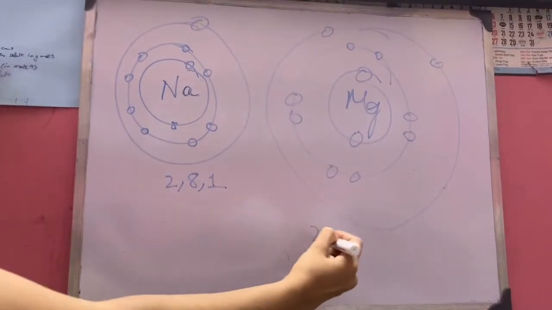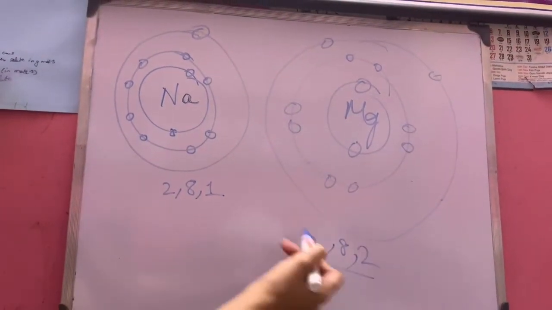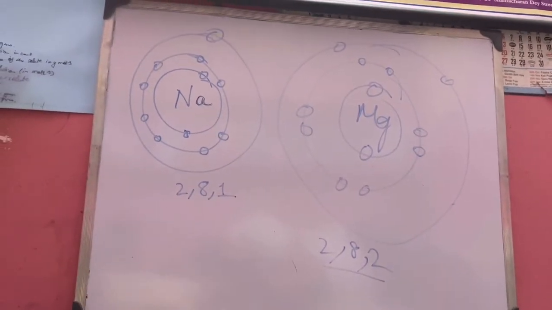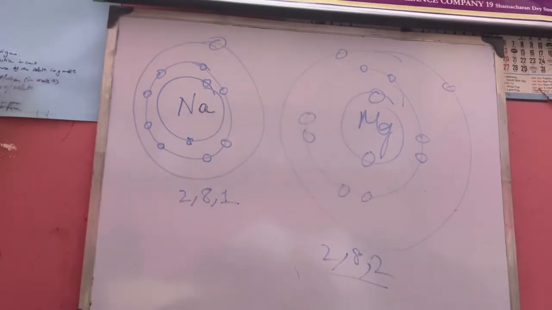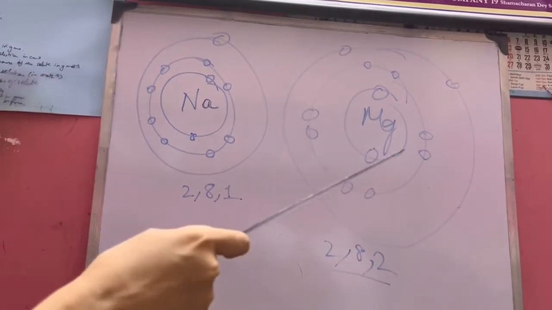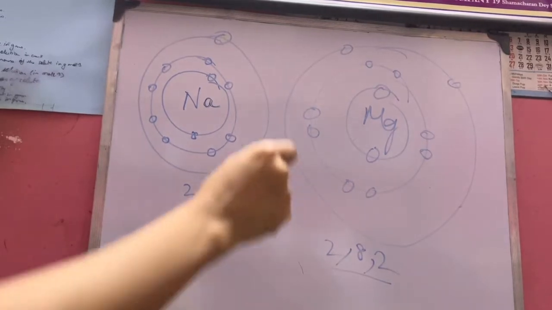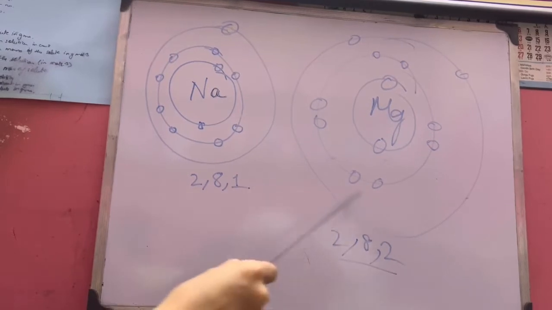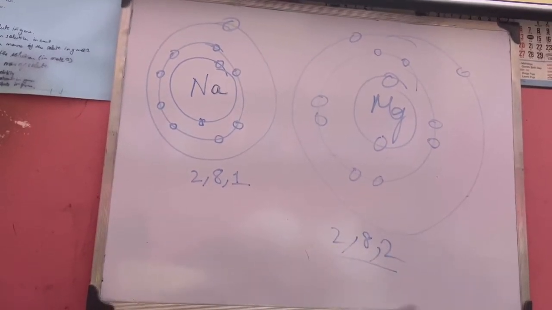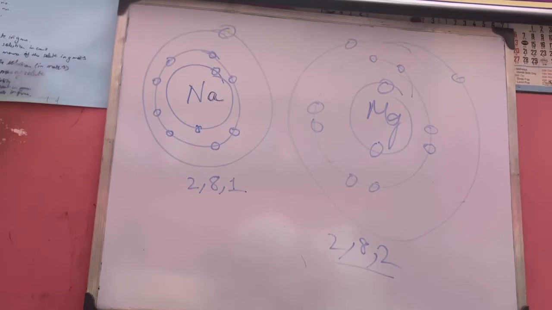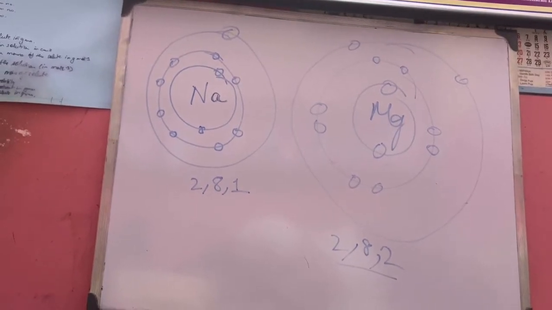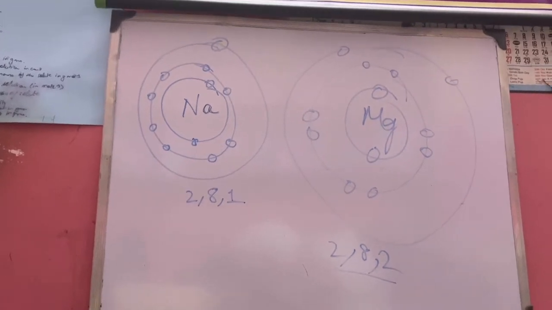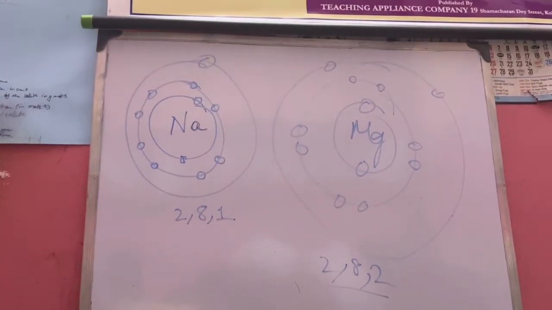Again, it can either accept 6 electrons to complete its octet and be highly stable, or it can lose these 2 electrons and acquire the electronic configuration of 2, 8, and be highly stable. Obviously it is much easier for magnesium to lose 2 electrons rather than to accept 6 electrons.